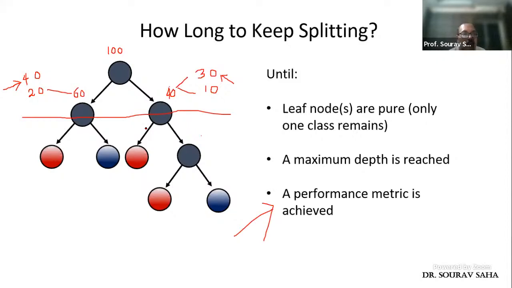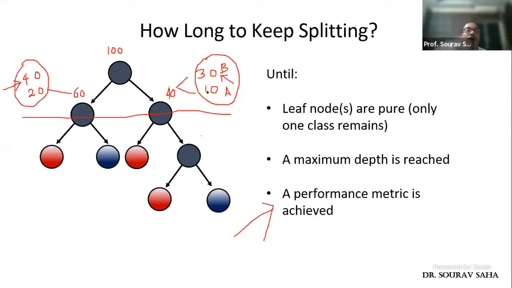So here, I have 60 data points, of which 40 belong to class A and 20 belong to class B. Here, I have 40 data points, of which 30 belong to class B and 10 belong to class A. So when I'm trying to classify these 10 points, every time I'm saying that these 10 points are of class B because that's the majority.